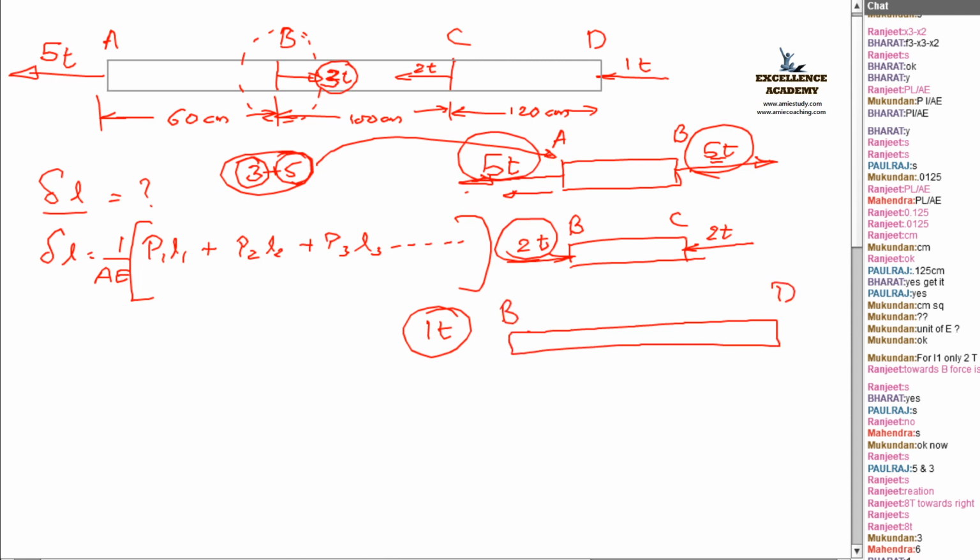Instead of taking CD, I take BD. So I can give 1 ton here and 1 ton here. And the total distance will be 100 plus 120, that is 220. Now, all of you got it? What I am doing?